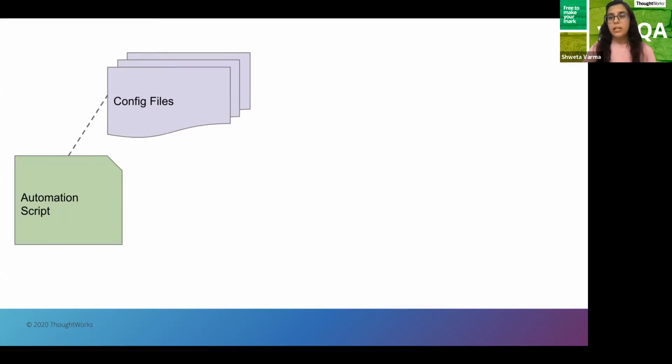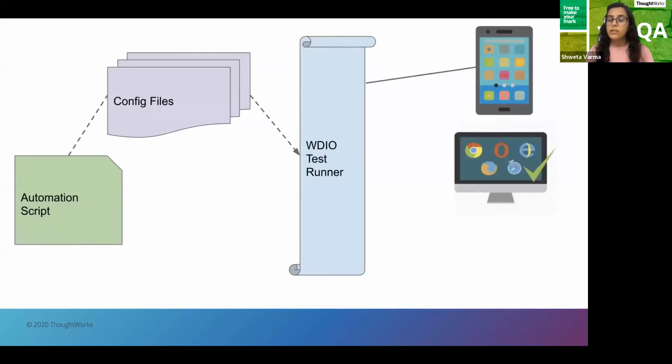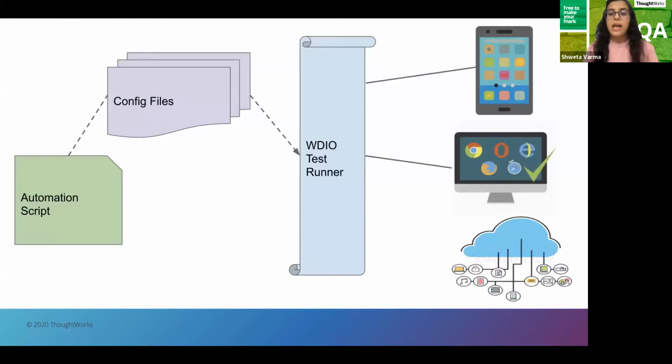So I can define multiple config files and one script, and then using the WDIO test runner, I can just give the config file with the test runner command, using the inbuilt CLI which WebDriver IO provides us. I can achieve my test working properly across devices, across browsers, as well as across cloud services.